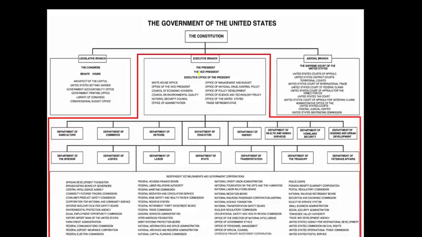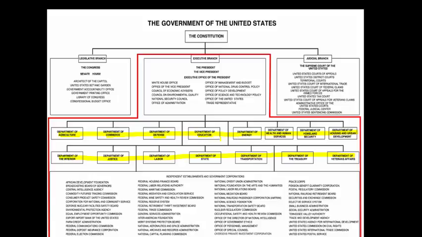Here's the inner office of the president called the executive office. We'll talk about that here in a minute. Here are your cabinet level departments right here. We've got 15 cabinet level departments, which are very importantly overseeing these various sectors of American society, whether it's the Department of Defense, Department of Commerce, Department of Agriculture, Department of Education.